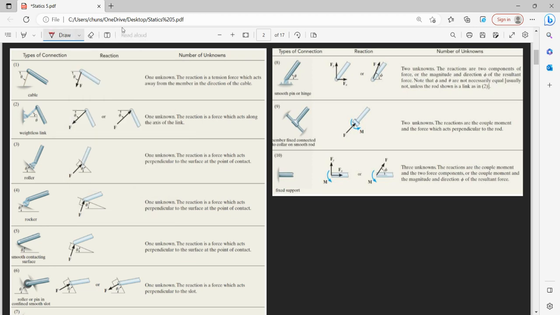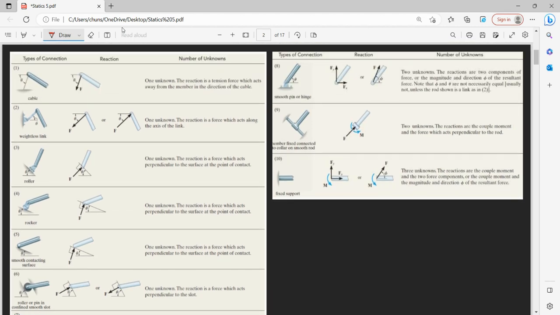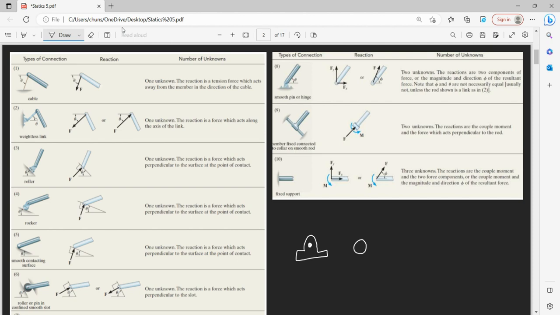The main ones that you will see, or the ones that you will see most often, are just pins that look like this. So these are the ones I see most frequently. Rollers, rockers, and fixed beams.